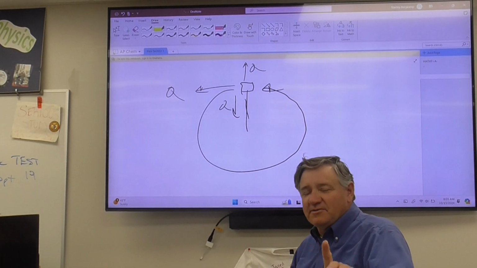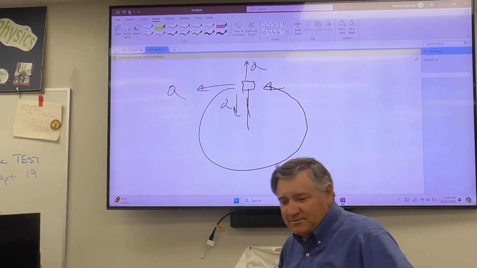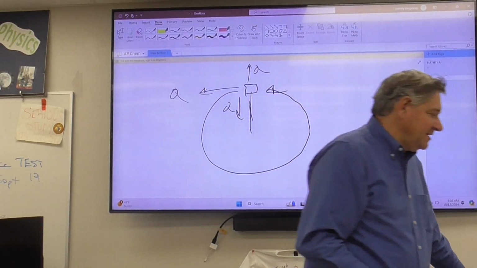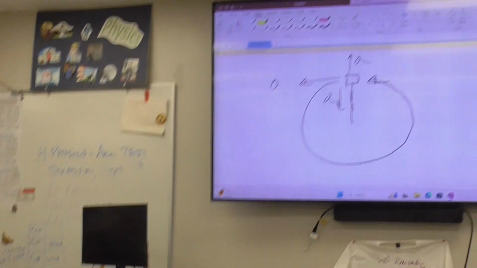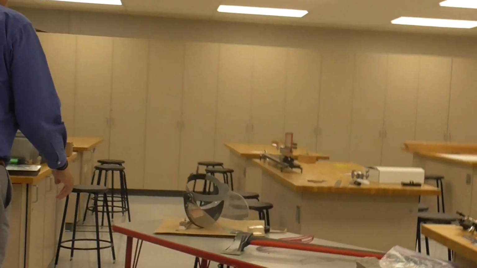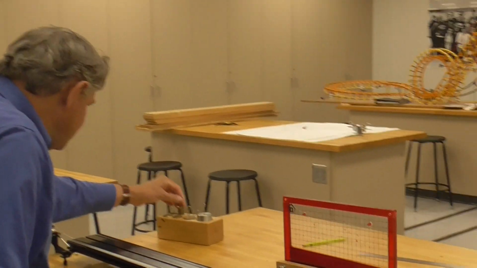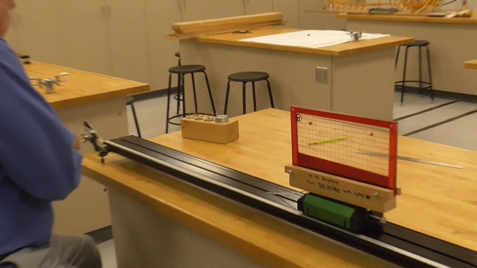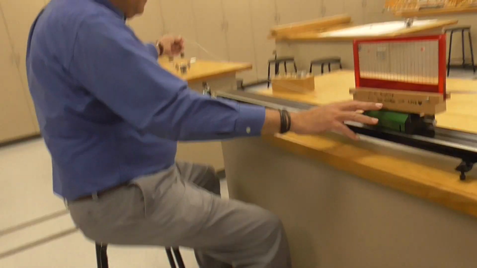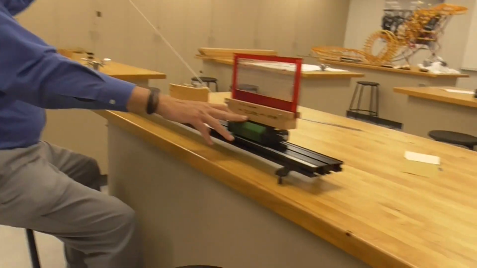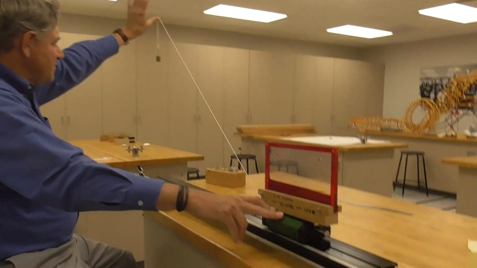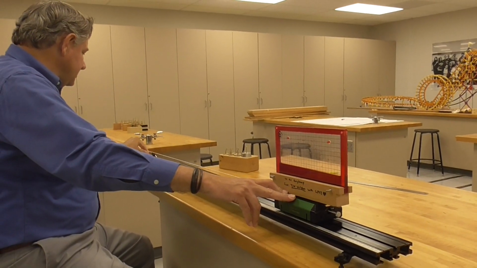Okay, now to settle that, bring the camera, let's go to the back of the room. So I've got a 100-gram mass on the end of the string, right?